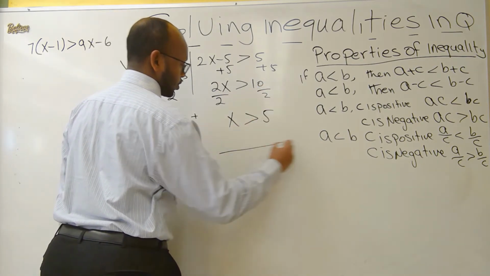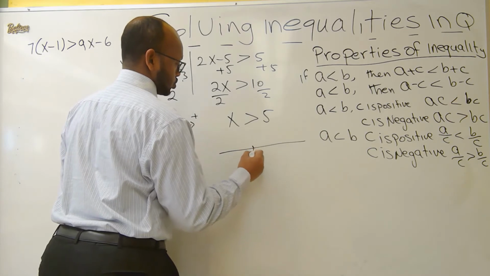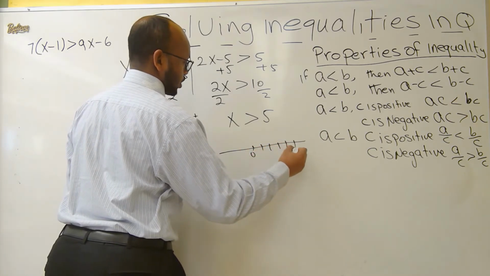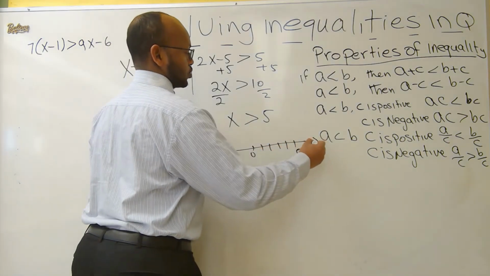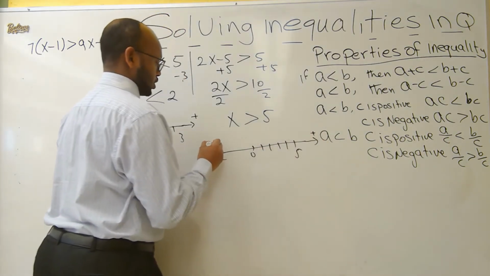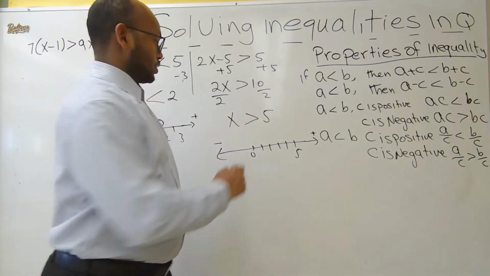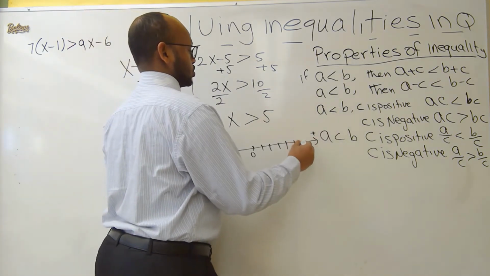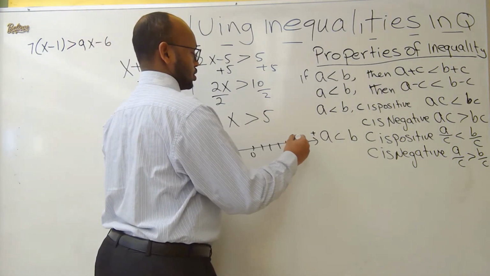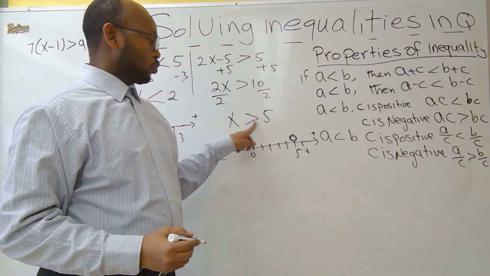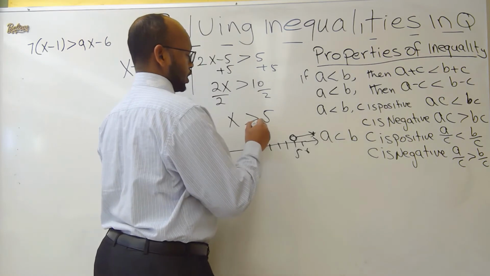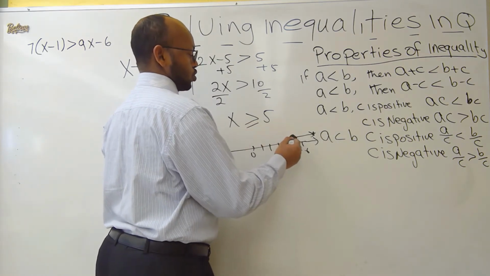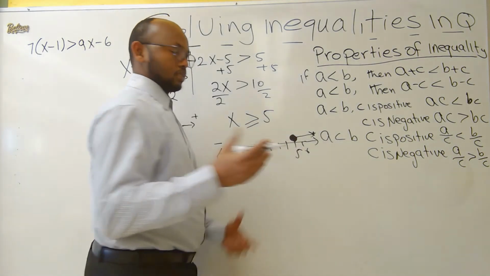So I need a number greater than 5. Here is 0, 1, 2, 3, 4, 5. Here is 5. Where will the numbers greater than 5 be? The positive side or the negative side? The numbers will go to the positive side. So my solution is open because there is no equal sign here, and goes this side. If we made an equal sign here, it would be solid. That's the difference.